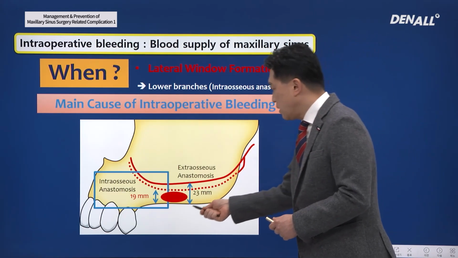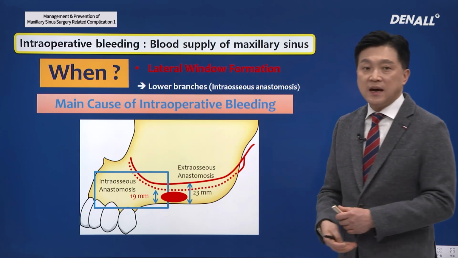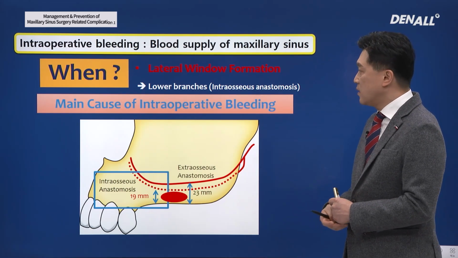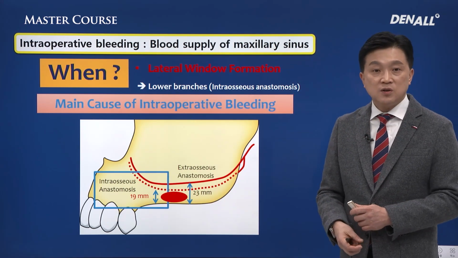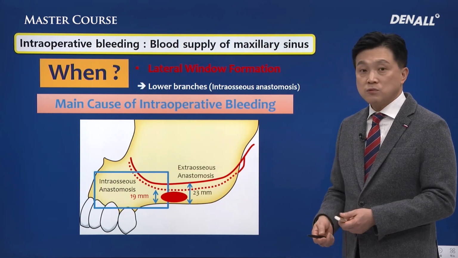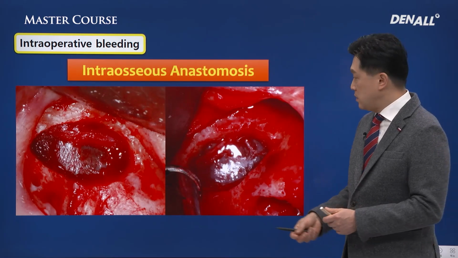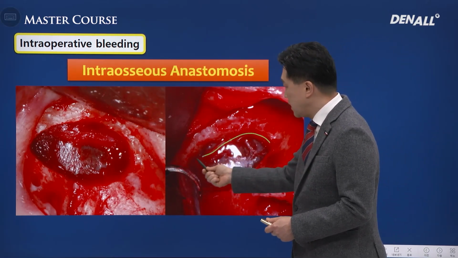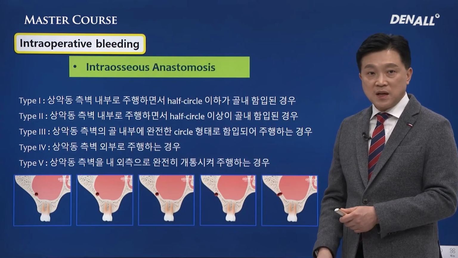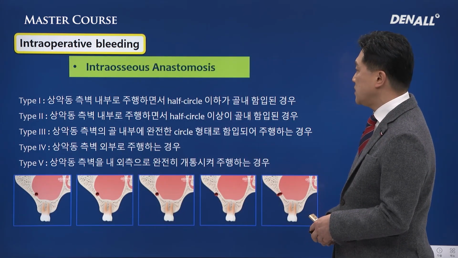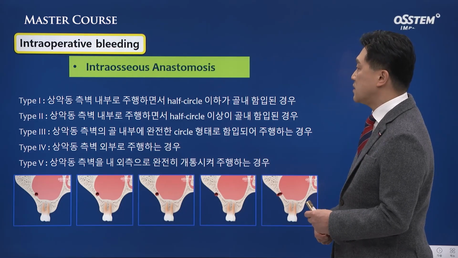Depending on how we form window, whether we come across intraosseous anastomosis artery is determined. At times, inevitably, intraosseous anastomosis artery is included within the window. As you can see, intraosseous anastomosis artery can be observed. If you can see it, that's best. Intraosseous anastomosis artery can be divided into the following 5 types.